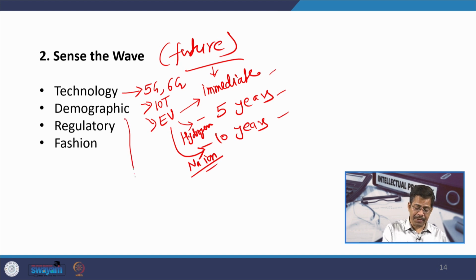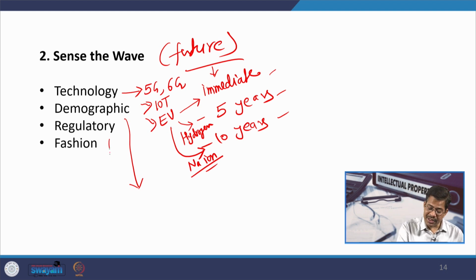Changes may happen with respect to demographic. Right now we have a particular level of literacy. How the literacy level will change over a period of time, how the average age will change over a period of time, how the average income is going to change over a period of time. All these are the demographic related changes, we need to have an eye on that also.